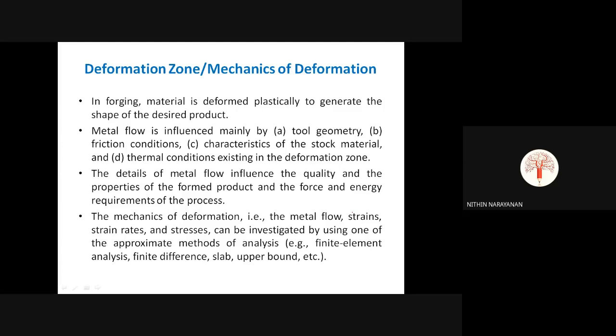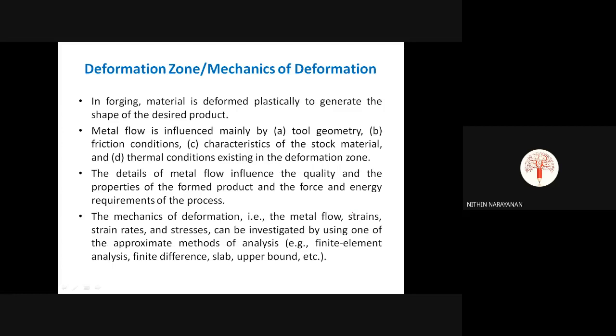The details of metal flow influence the quality and the properties of the formed product and the force and energy requirement of the process.